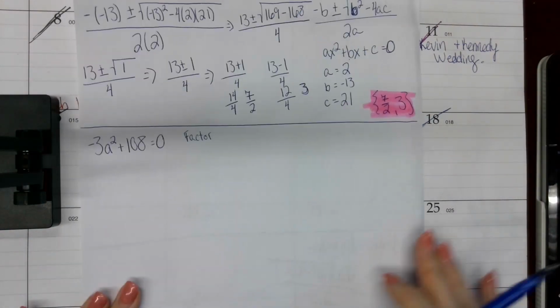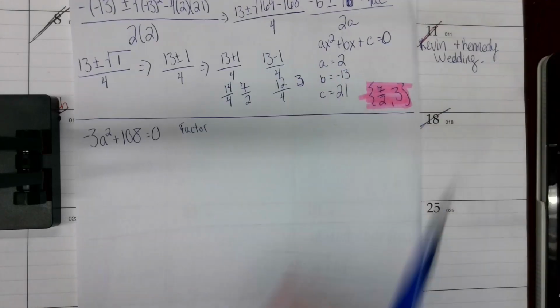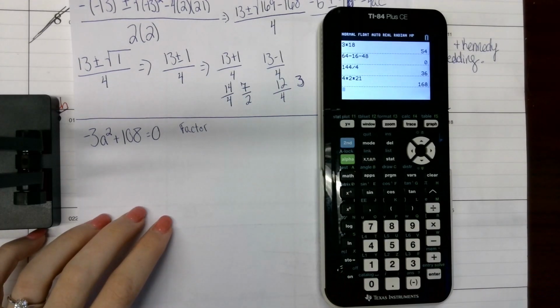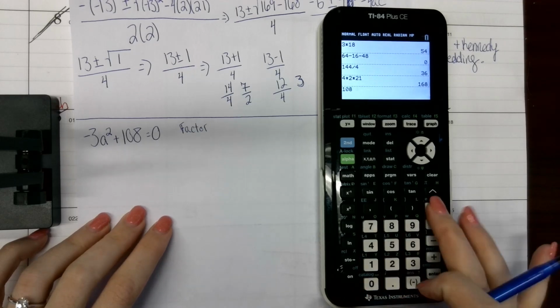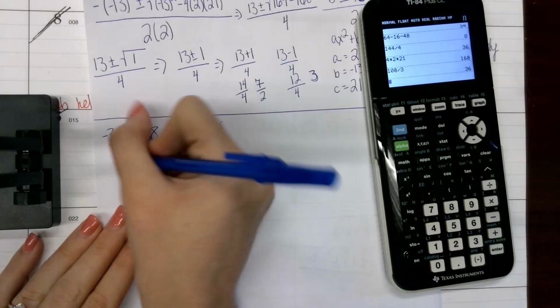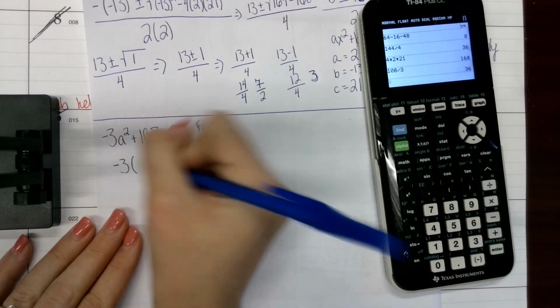Okay. This next one, negative 3a squared plus 108 equals 0. The first thing I want to do is factor out a negative 3. So let's see. 108 is divisible by 3 and it is 36. So I'm going to factor out a negative 3.